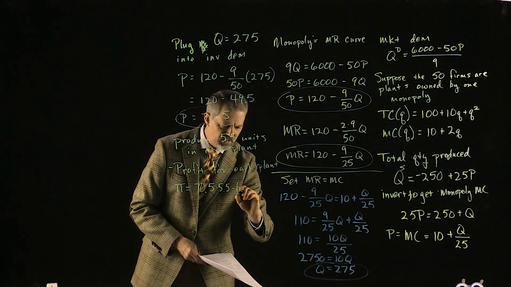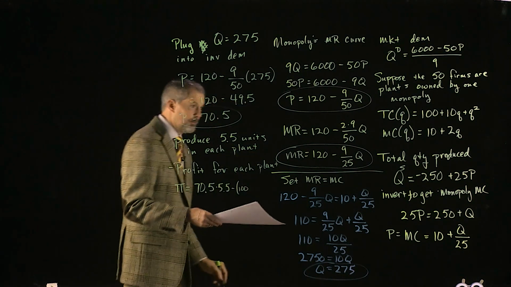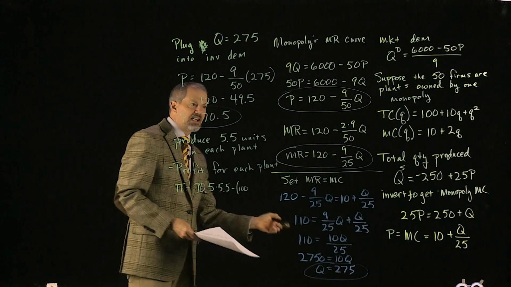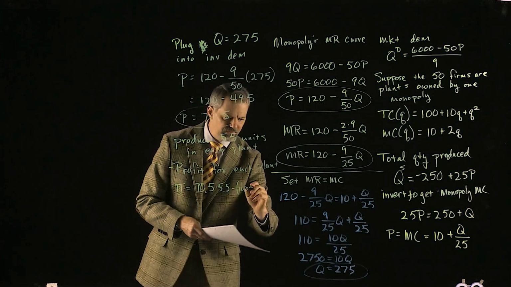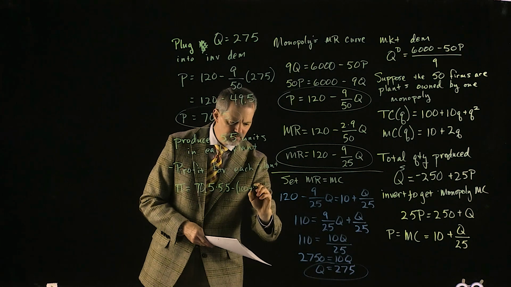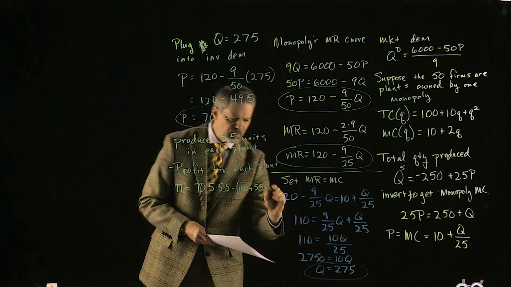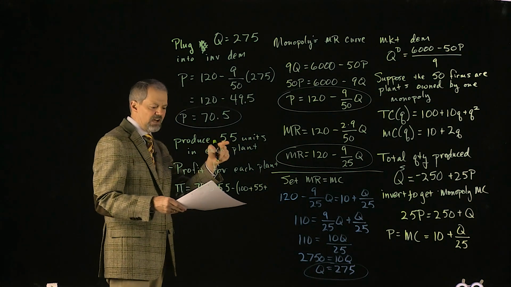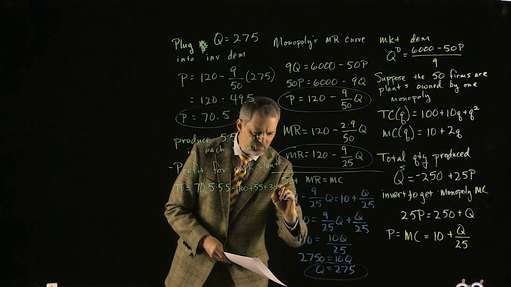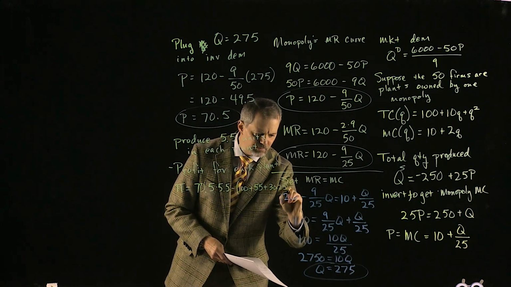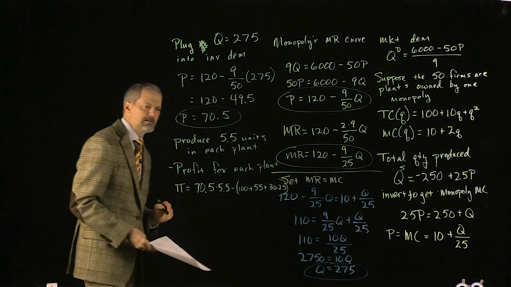So that's 100 plus 10 times Q. 10 times 5.5 is 55. Plus 5.5 squared, that's 30.25. I'm running out of space here, I apologize.